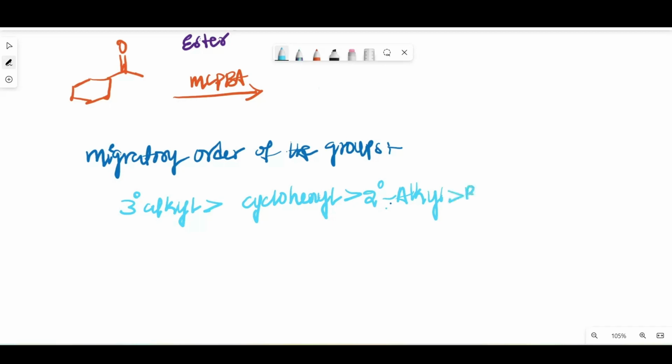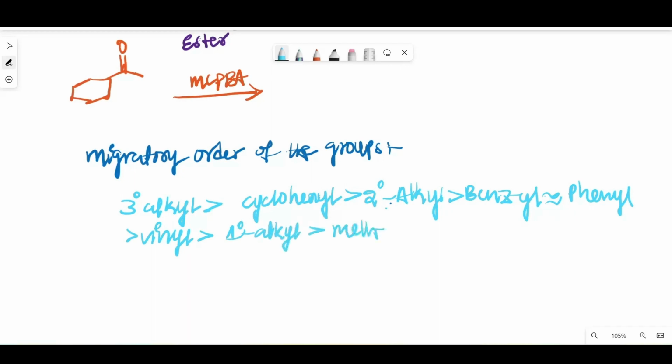And benzyl. Benzyl is similar to phenyl, and then vinyl group, and then primary alkyl, and then methyl. Now let's see this example.